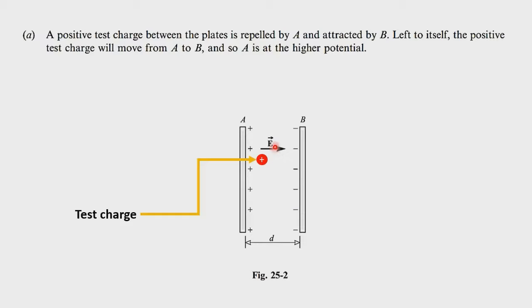So again, the E value, which is directed from A to B, is our electrical field that was generated, moving towards B. But when the positive test charge is brought near to A, it will be repelled, so naturally it will be moved towards B, while B is also attracting it.